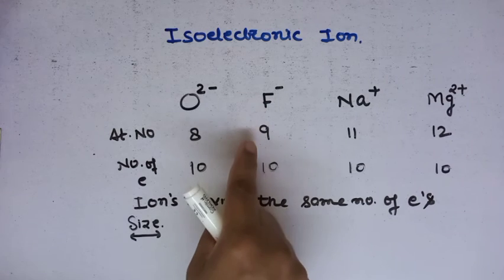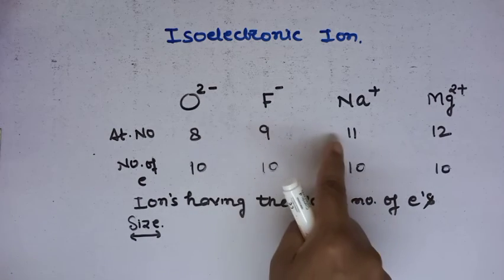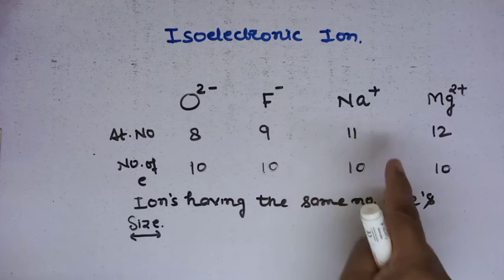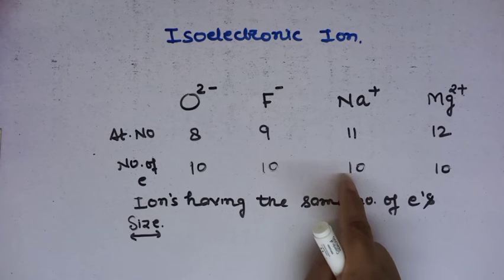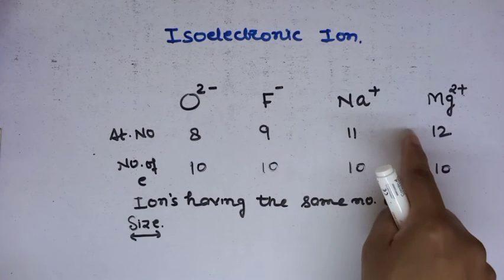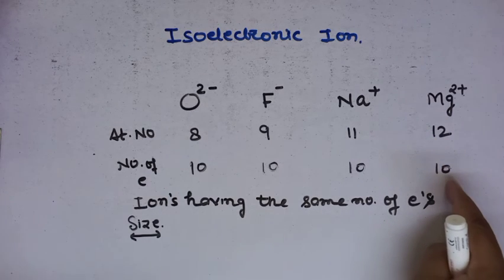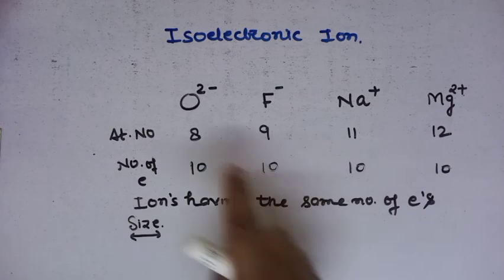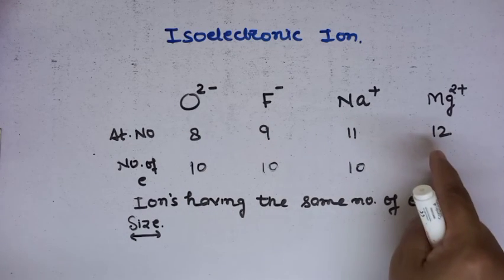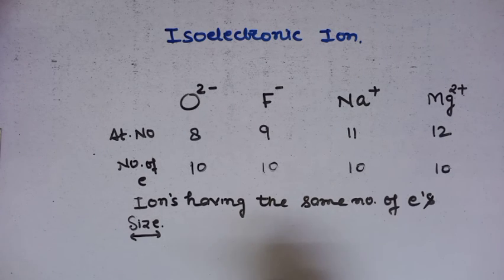So this F minus has greater effective nuclear charge. For Na plus, it has further increased as it has 11 positive which have to attract 10 electrons. And for magnesium, again one more positive. 12 positive have to attract only 10 electrons. So greater the nuclear charge, more close will be the shell towards the nucleus and smaller will be the ion.